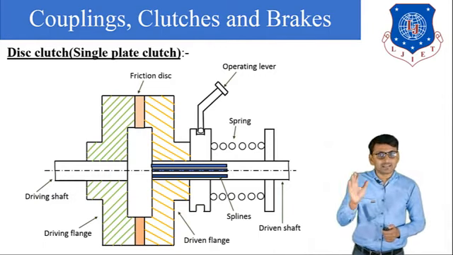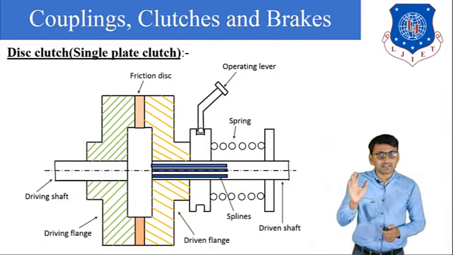But when the clutch is applied, force acts on the lever, so the spring compresses, so there is a disconnection between the driving flange and the driven flange. So motion and power do not transfer from driving shaft to driven shaft.